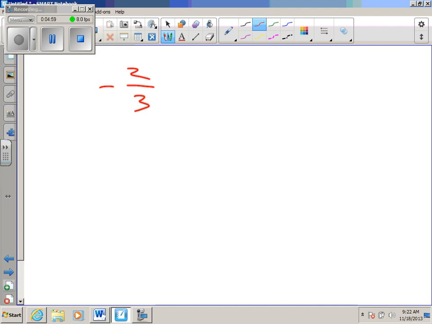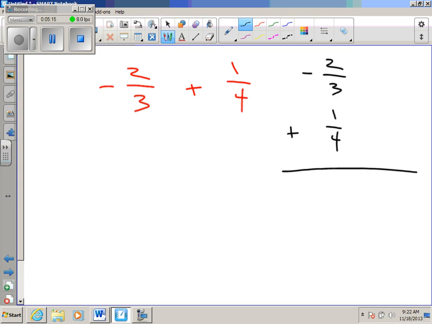Negative 2/3 plus a 1/4. Now, however we want to do it, we can even just put it like this, as long as you know what we're doing. Don't get thrown off by the positive and negative stuff until we actually convert.